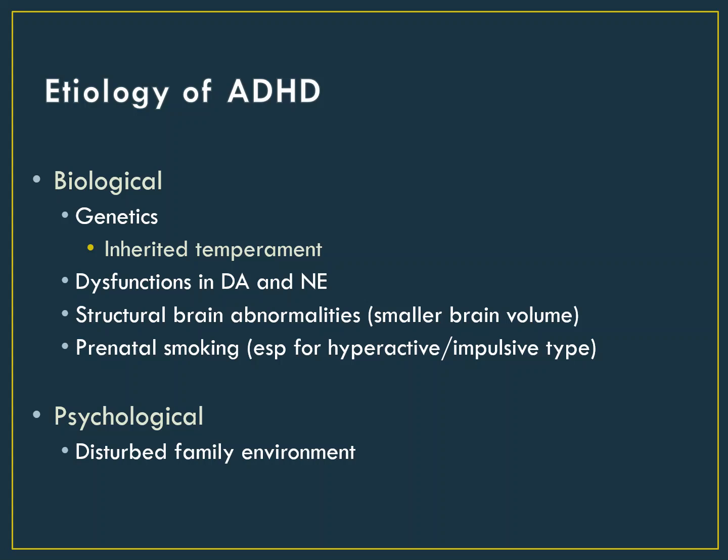Researchers still do not have a fantastic understanding of the etiology behind ADHD, but it's definitely at least partly biological. ADHD does run in families, likely through inherited temperament. Specifically, it seems that inheriting low levels of behavioral inhibition and high levels of sensation seeking may be related. Remember that behavioral inhibition refers to the tendency to approach novel and unfamiliar situations hesitantly and fearfully.